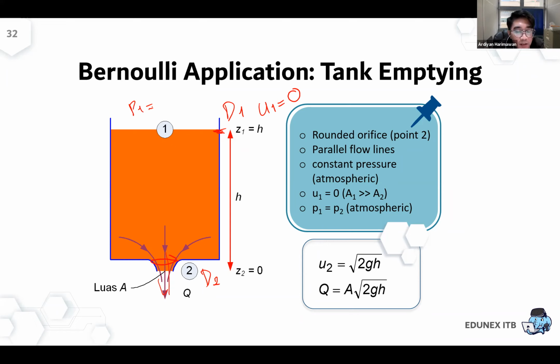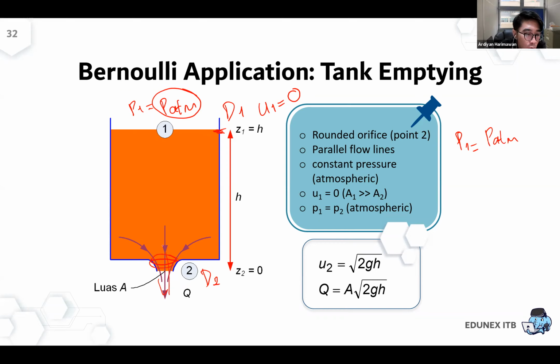It's open to the air, so the value will be, tekanan di titik 1 berapa kalau itu terbuka ke udara? Atmospheric pressure. Yeah, atmospheric pressure. So P1 will be atmospheric pressure.